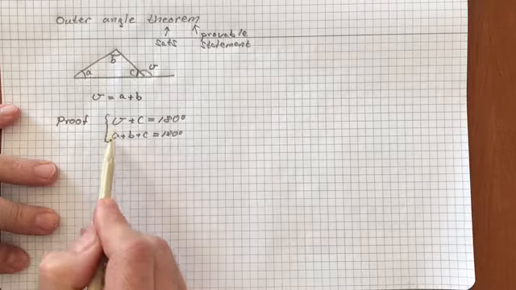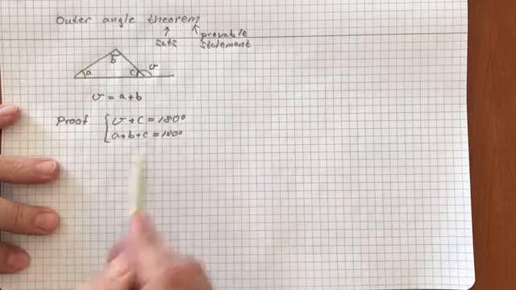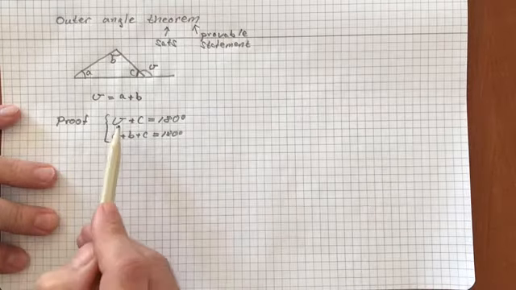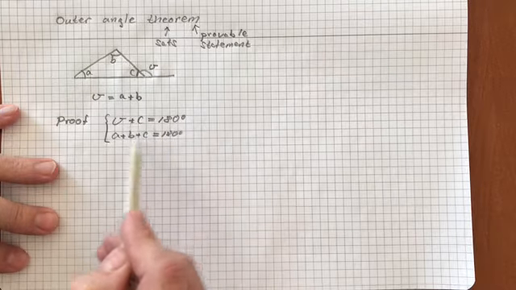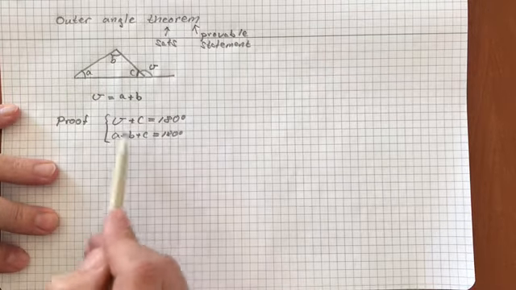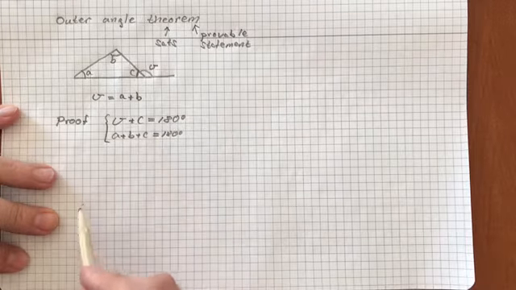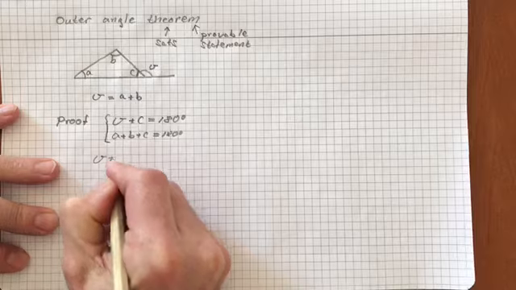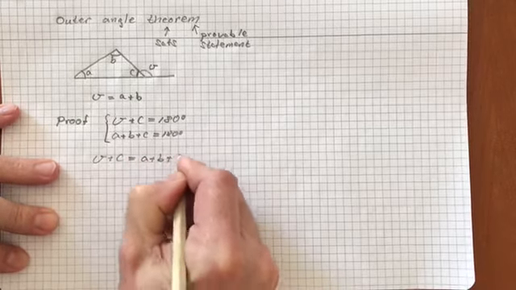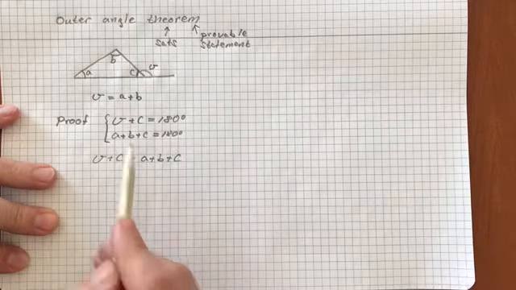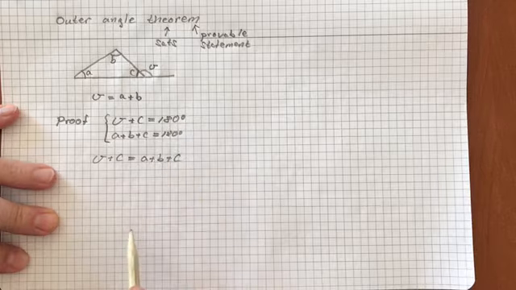Now you see, this is a system of equations. Two equations that are both true, and we will solve it to prove this. Now, if this is equal to 180 and this is equal to 180, this left side has to be equal to the left side in this equation. So V plus C is equal to A plus B plus C. This is equal to this because both are equal to 180.